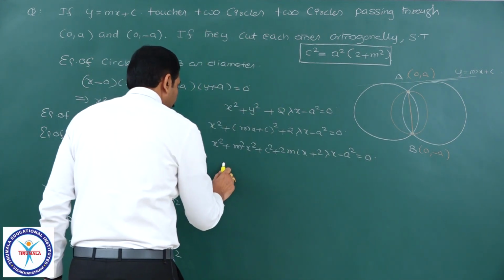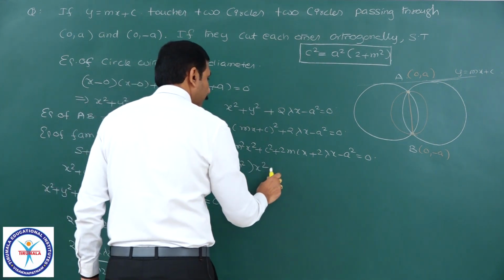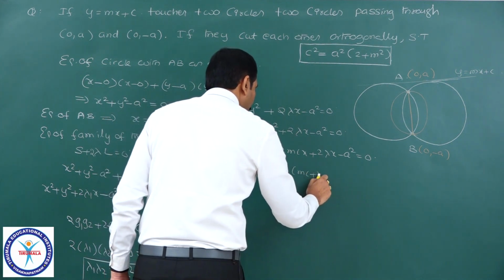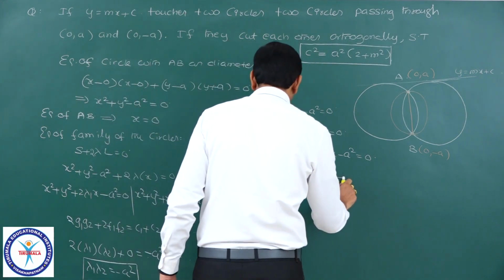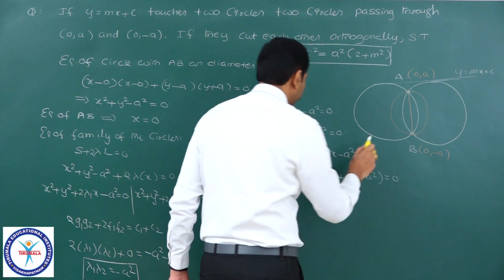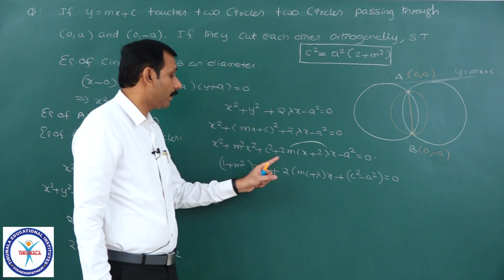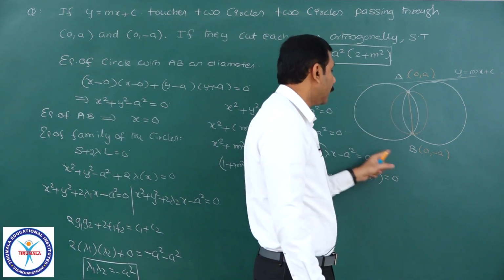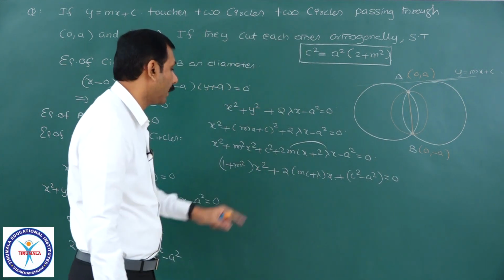This equation can be written as 1 plus m square into x square plus 2 into mc plus lambda into x, coefficient of x, and a constant, plus c square minus a square equal to 0. Observe this. It is a quadratic equation in terms of x. But this line is a tangent to that circle, means the discriminant for this equation must be equal to 0.